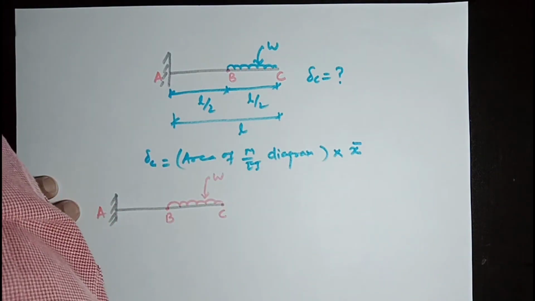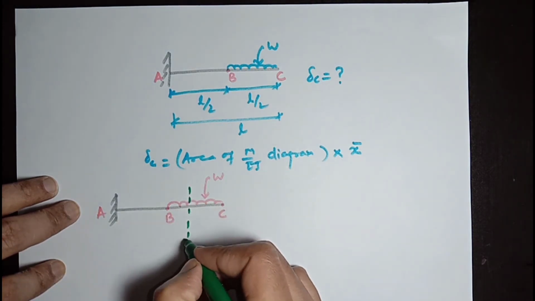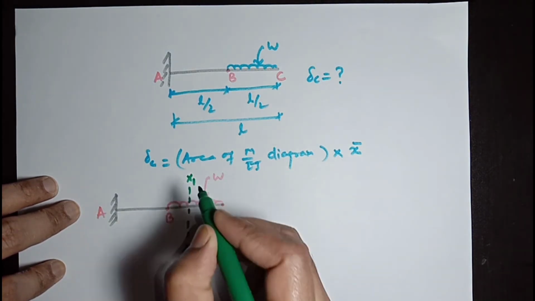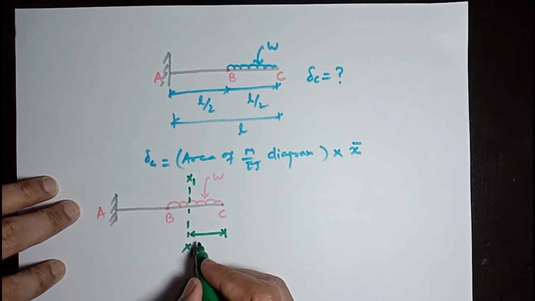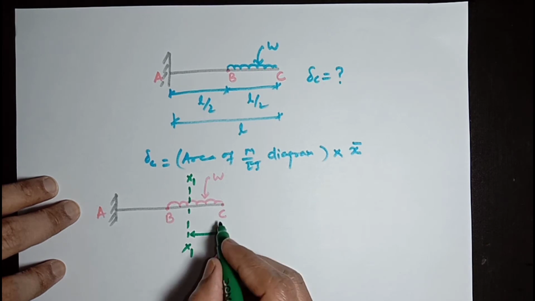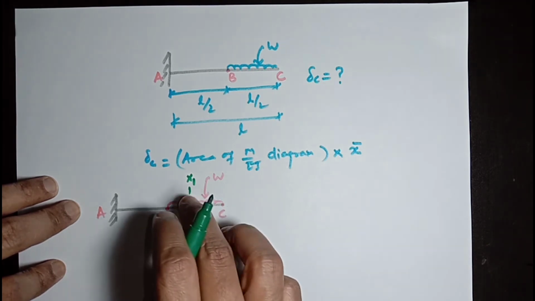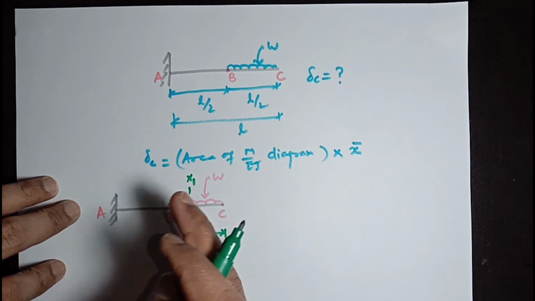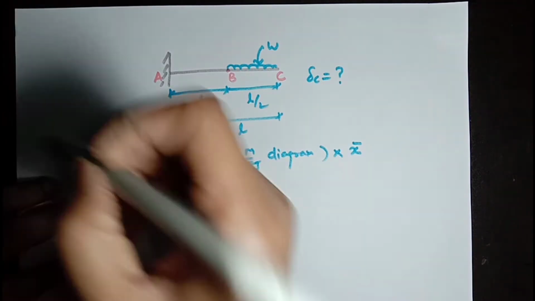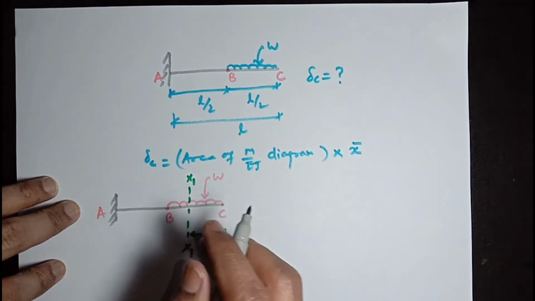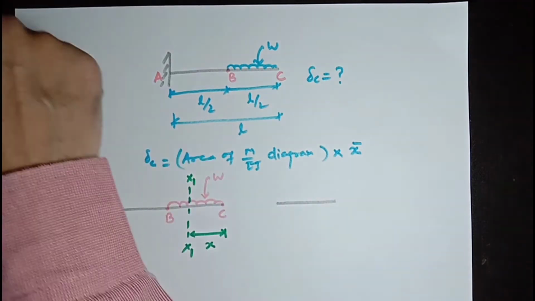So in order to find a general expression for the bending moment, we are taking any section x1 so that we can draw the bending moment curve for this beam. We are taking a section x1 from point C, which is at a distance of x. So we need to find bending moment at any section x1 from point C. So we are taking the free body diagram from the right of the section x1, which will be here.